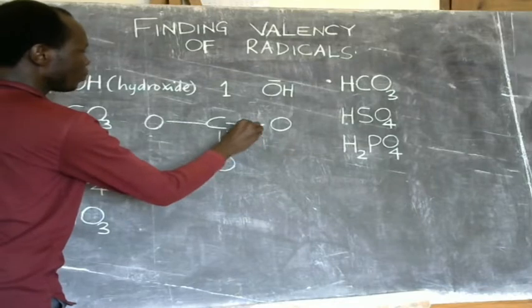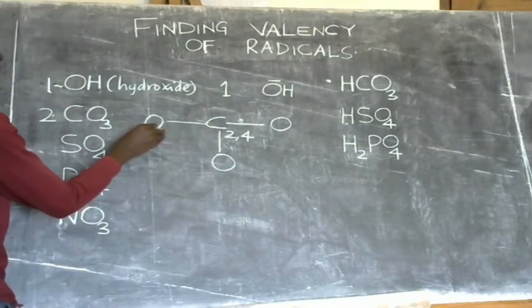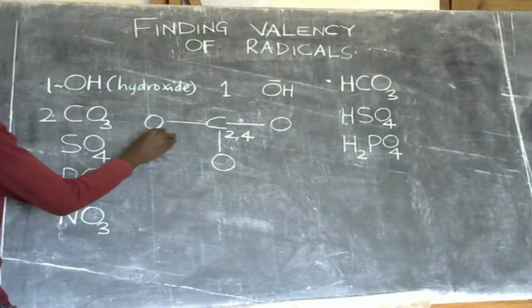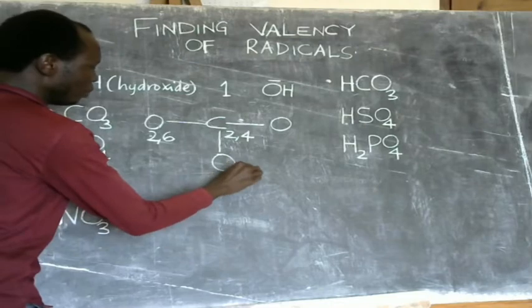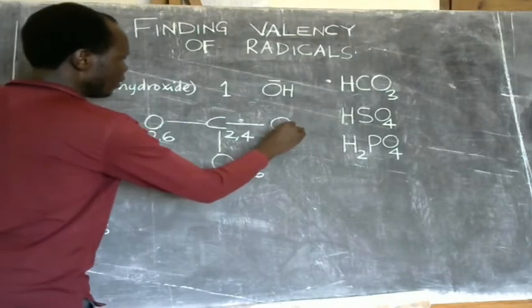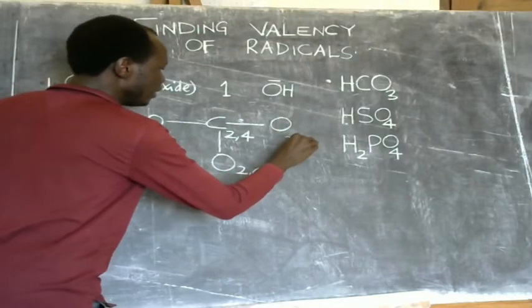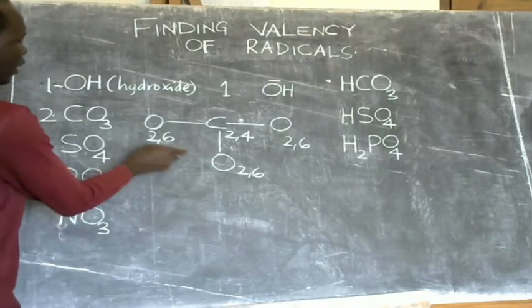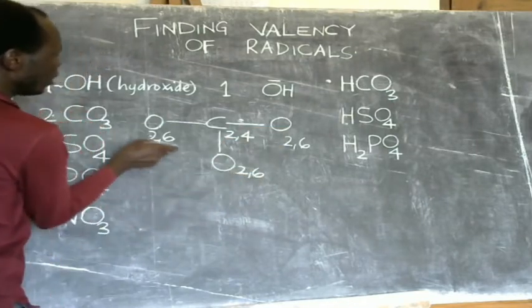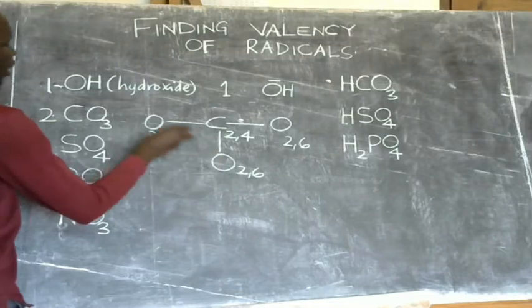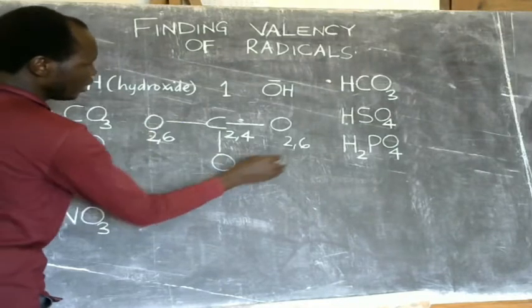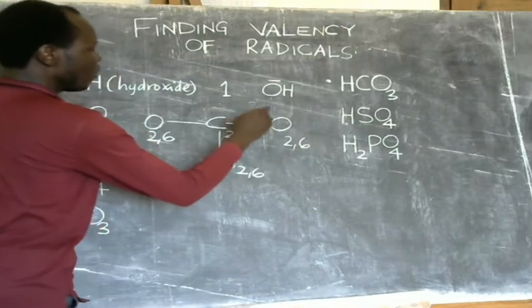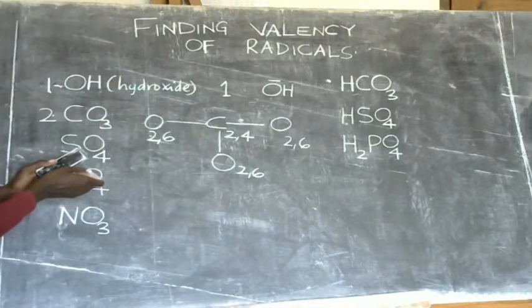It is 2, 4. The electronic configuration of this oxygen atom is 2, 6, and for this one it is 2, 6, and for this one also 2, 6. These oxygen atoms are supposed to gain electrons each. This one needs 2 electrons, this one also needs 2 electrons, and this one also needs 2 electrons for them to be stable in their structure.